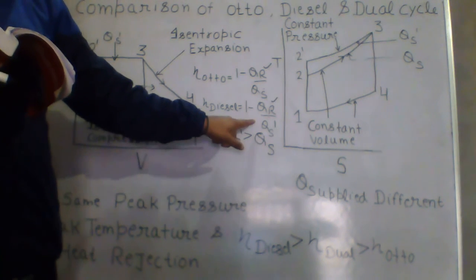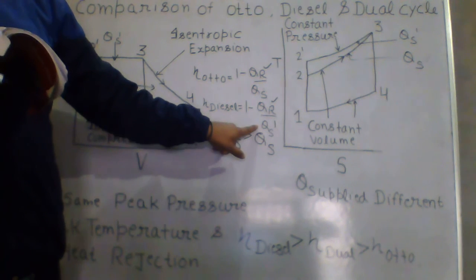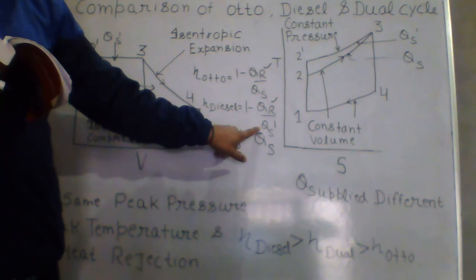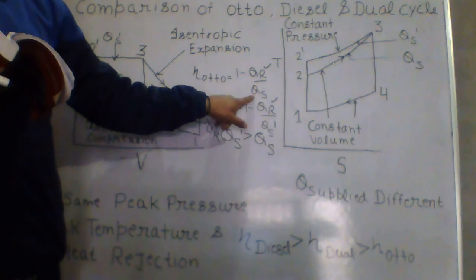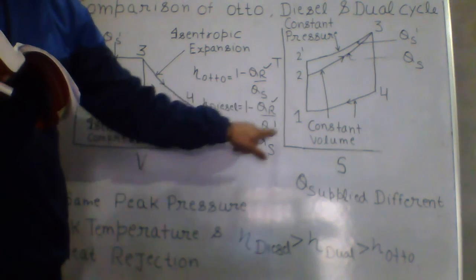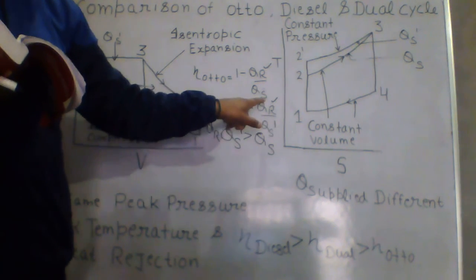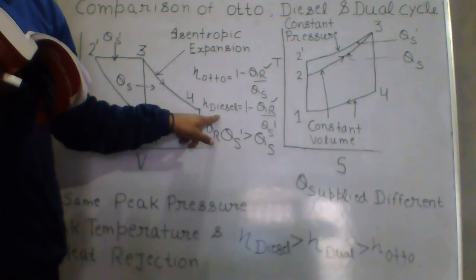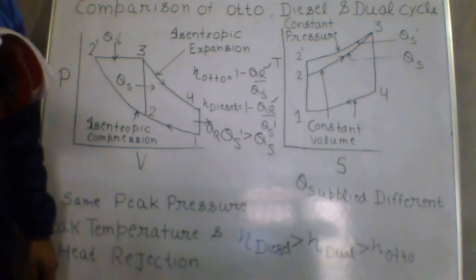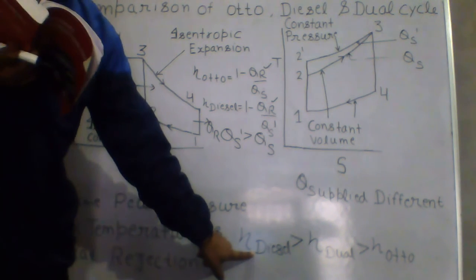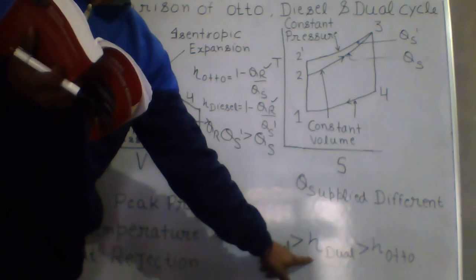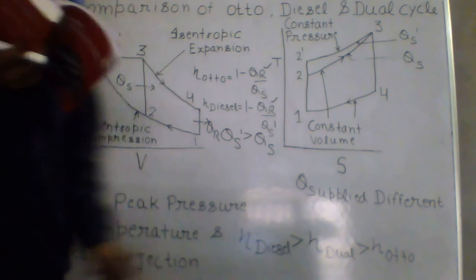In the diesel engine, heat supplied is more, while in the Otto cycle, QS is less. So if QS dash is more, this whole quantity QR over QS dash is less. It means the efficiency of the diesel cycle is more compared to the Otto cycle. So we conclude here that the efficiency of the diesel cycle is more as compared to the efficiency of the Otto cycle, and dual cycle efficiency lies in between these two cycles.